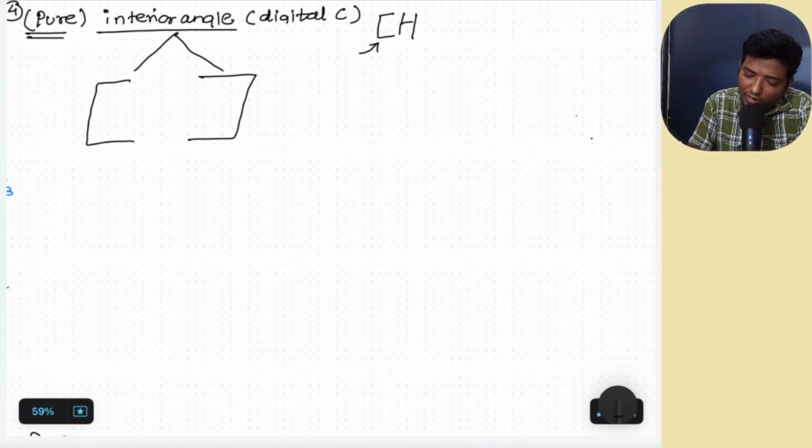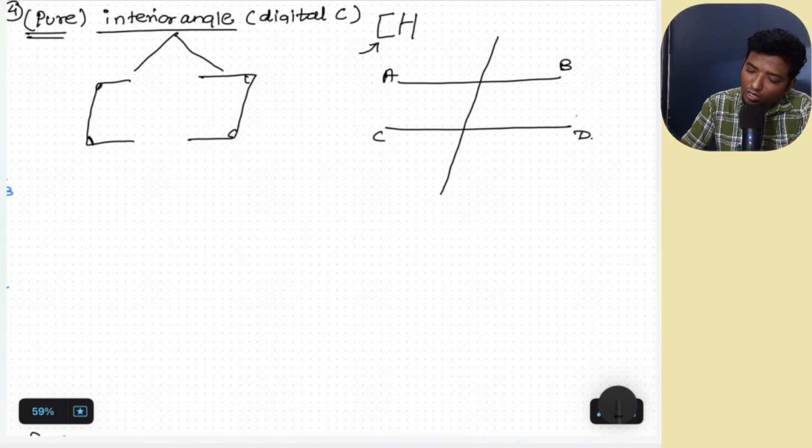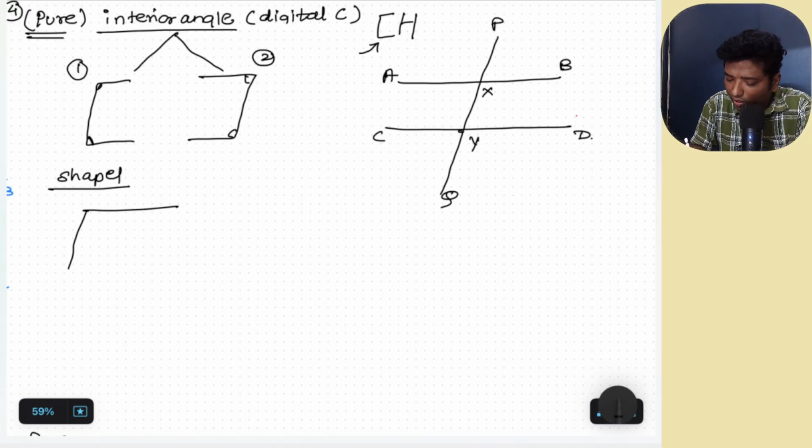And we will be having angles. Now you can easily find the C over here. I will name it shape 1. So where is shape 1? Identify the b x.